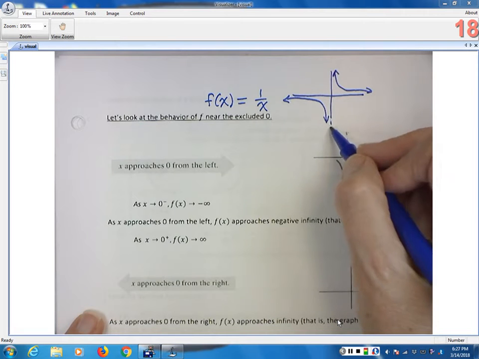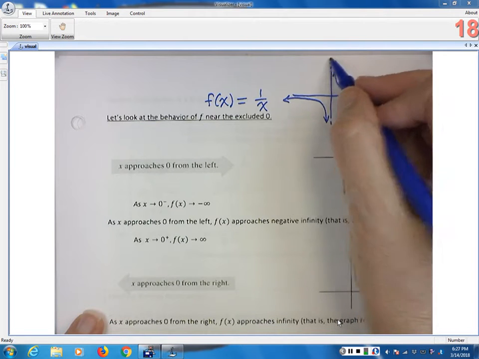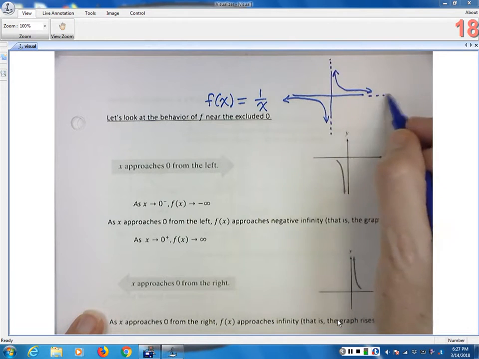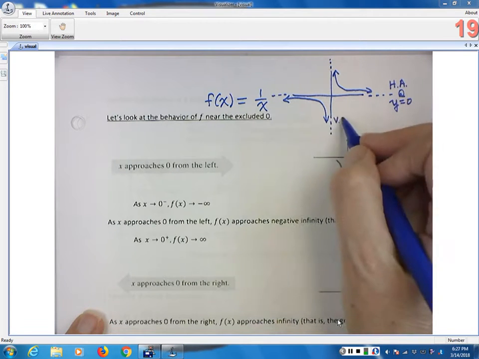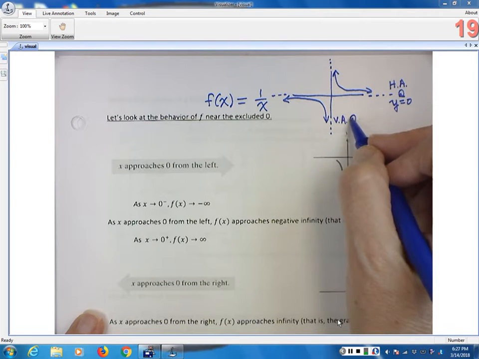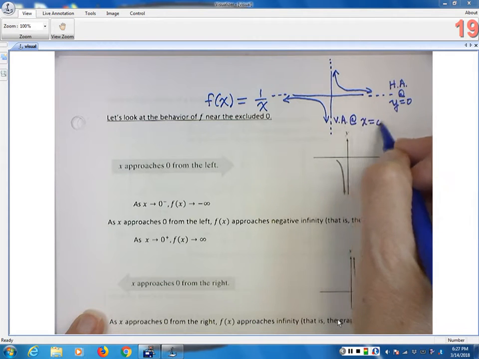We haven't covered these, but these are asymptotes. This is a horizontal asymptote at y equals 0. This is a vertical one at x equals 0. We're going to be covering these in a second.